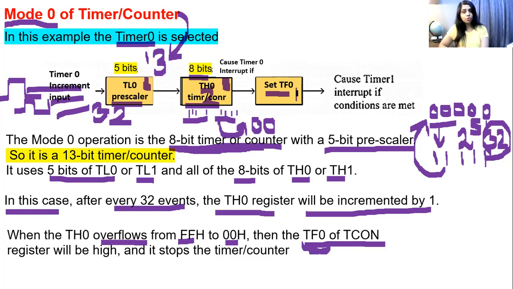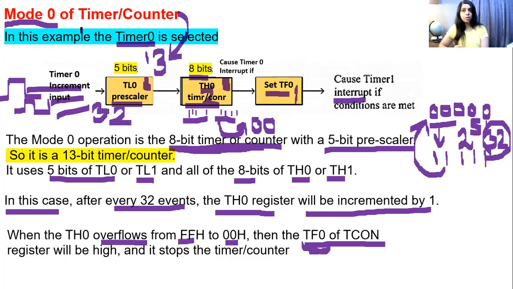It will be set to 1, and when it is set to 1, it generates an interrupt. It causes a timer interrupt if conditions are met. Conditions are met means after this overflow. After TS0 overflows, this flag will be set to 1 and it will generate an interrupt for 8051 activities.